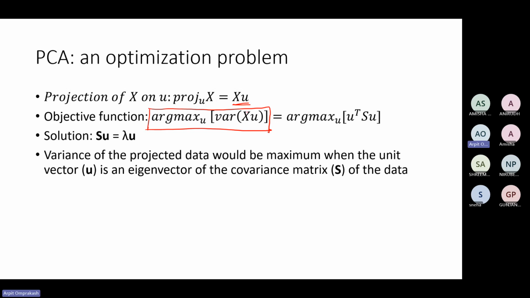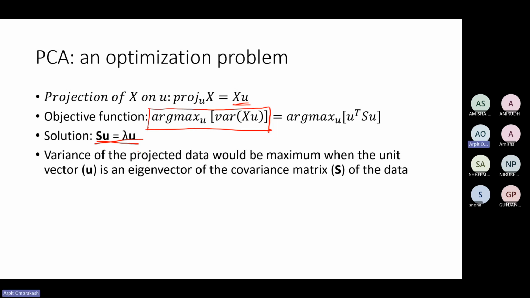So where does the covariance matrix come in? Basically the variance of XU can be decomposed into this: U transpose S U, where S is the covariance matrix. And if we were to use math and solve this optimization problem, we'll find that the solution is of the form SU equal to lambda U. So basically, the variance of the projected data, the data that we are projecting onto the new axis, will be maximum when the unit vector is the eigenvector of the covariance matrix of the data.